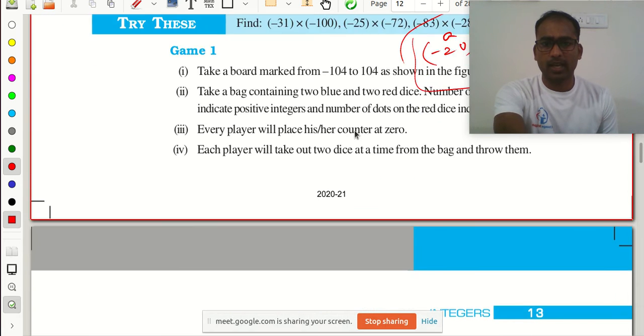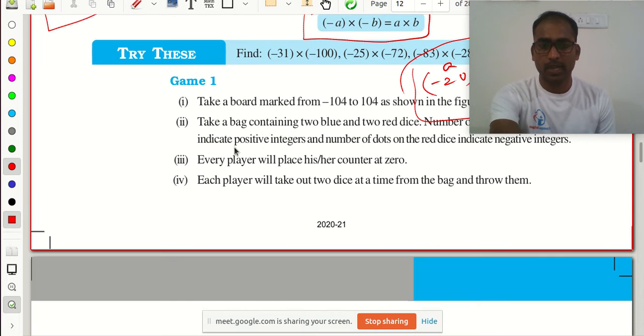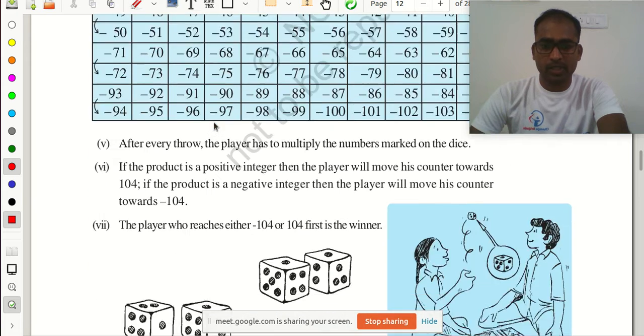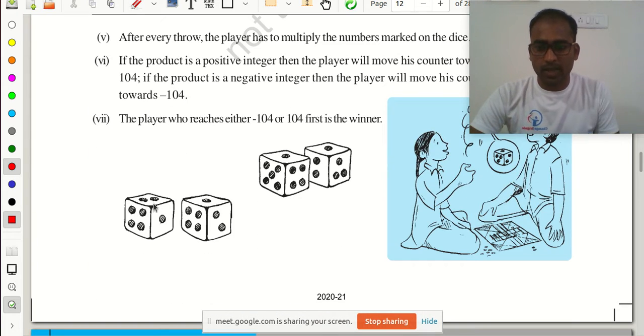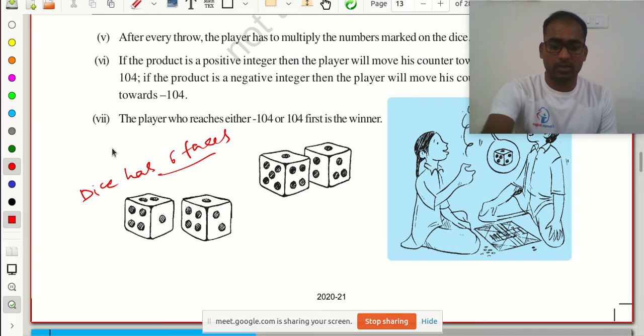Okay. See here, we are having a simple game. You played the dice game, that snake and ladder game, I think you are also now playing, using a dice. Dice, you know, it has how many faces? It has 6 faces, marked as 1, 2, 3, 4, 5, 6 only.